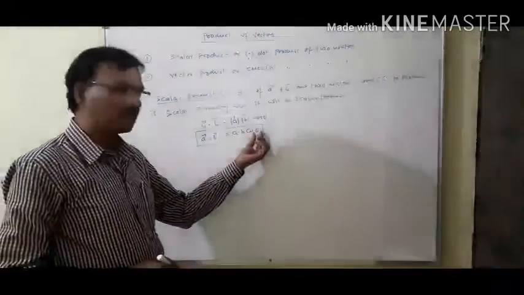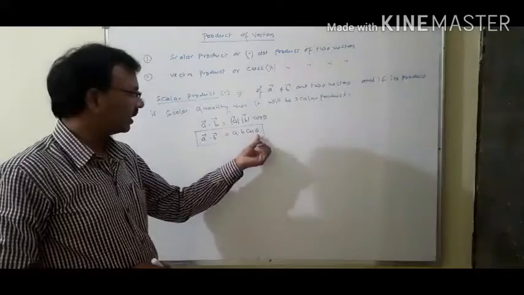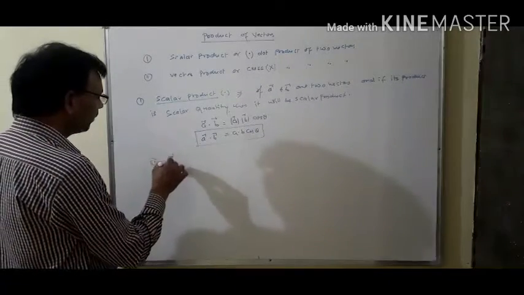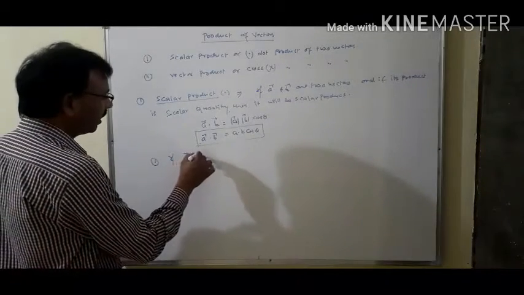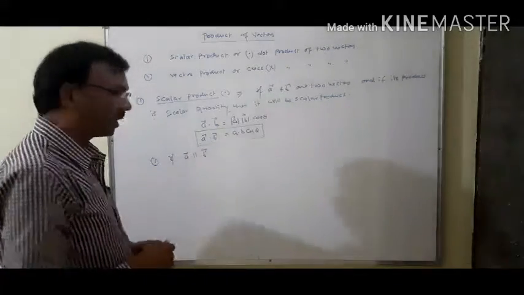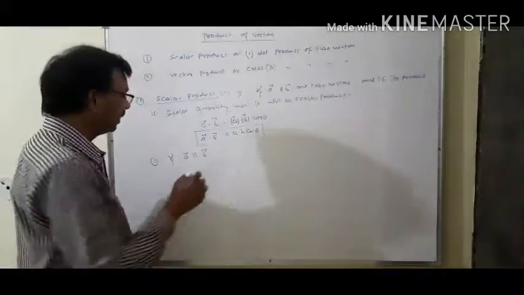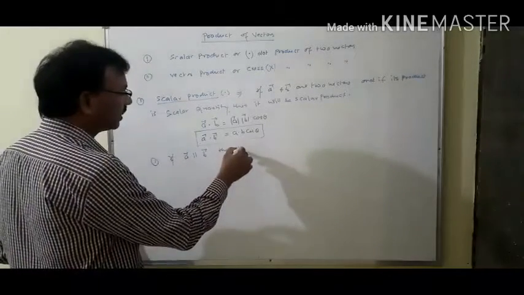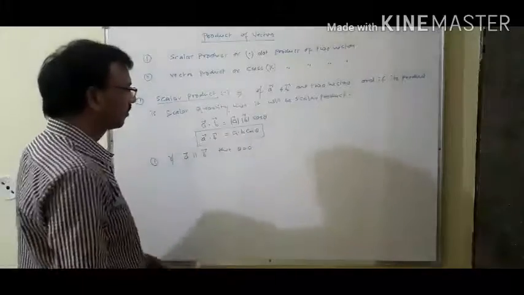Since theta is the angle between both vectors, two types of conditions arise. First condition is if vector A is parallel to vector B, then what will happen? Then the angle between both vectors, theta, will be 0 degree.